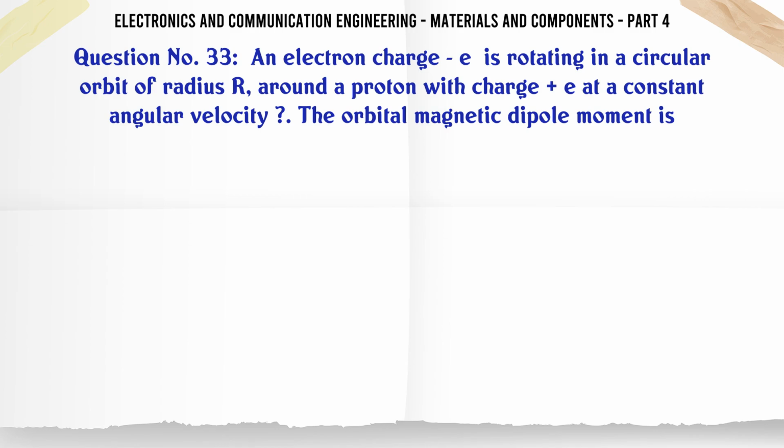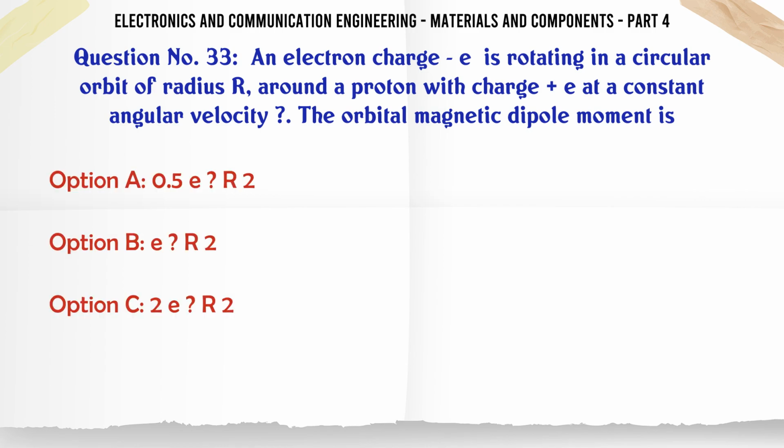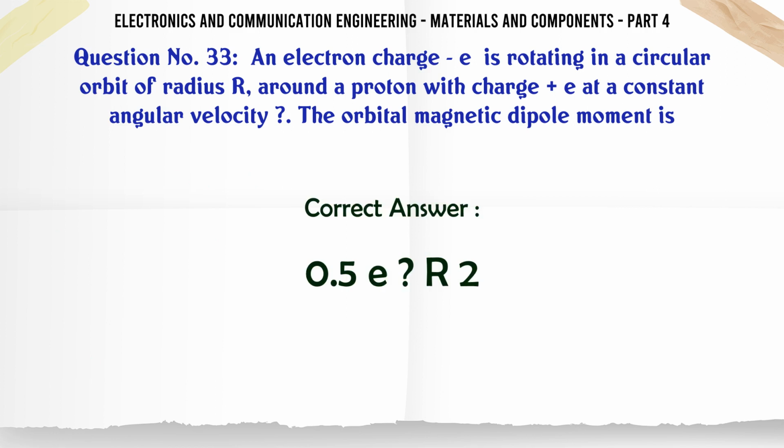An electron of charge e is rotating in a circular orbit of radius r around a proton with charge e at a constant angular velocity. The orbital magnetic dipole moment is A. 0.5 e ω r^2, B. e ω r^2, C. 2 e ω r^2, D. 0.5 e ω r^3. The correct answer is 0.5 e ω r^2.